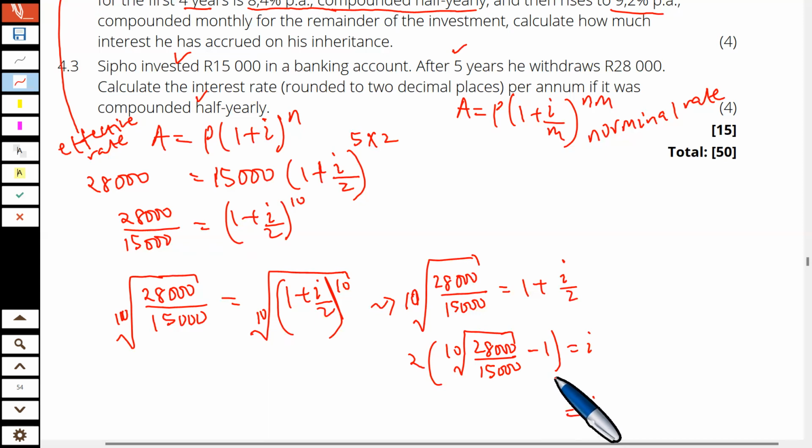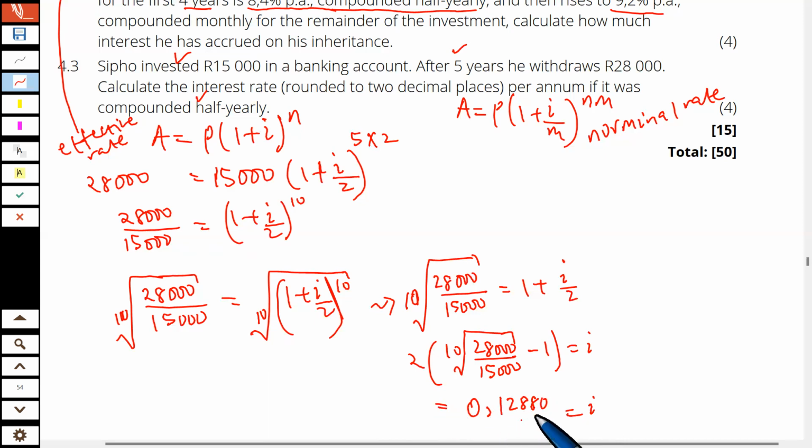Right, so this one therefore becomes 0,12880.